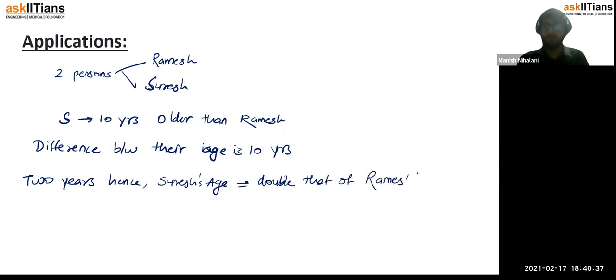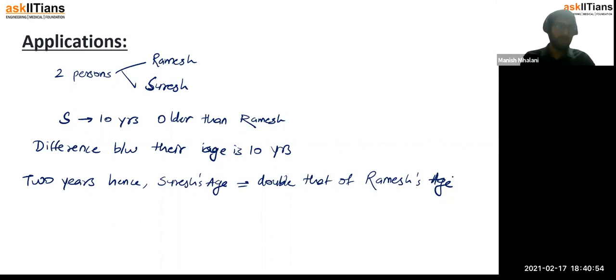So now this will give you a different equation altogether. When you have two equations, you will be able to get the exact present ages of Ramesh and Suresh, right? That is why these linear equations are studied.